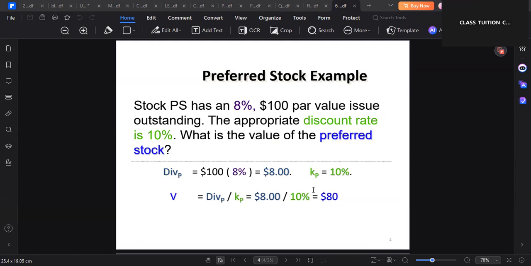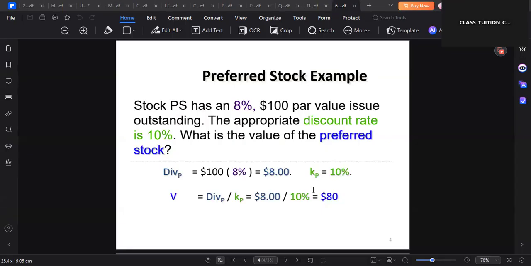That's the one we put on top there. Then our 10% we divide it, that's 0.10. So we're going to get 80. Therefore, even though the par value is $100, an investor would pay $80 today given a 10% required return.